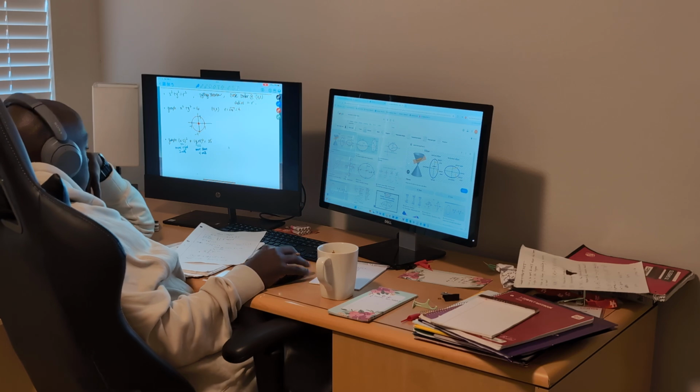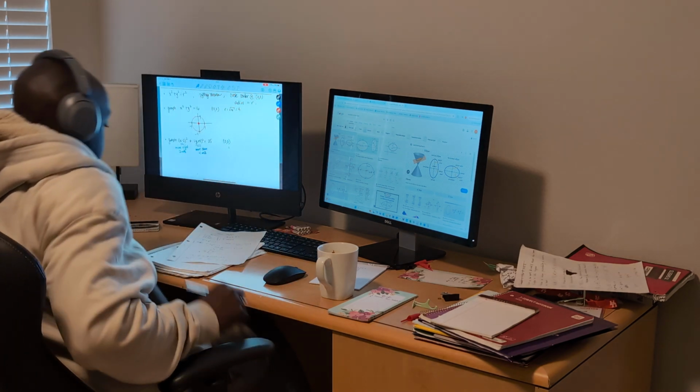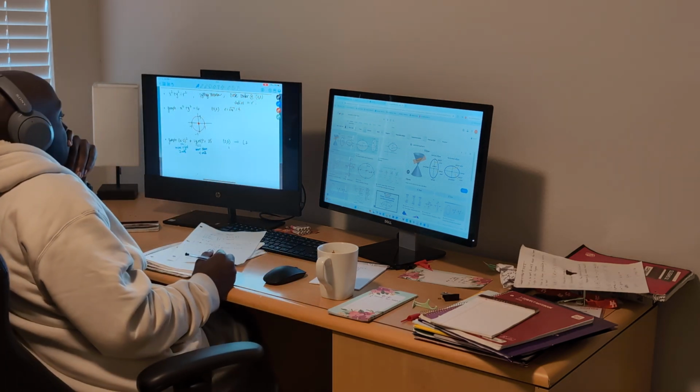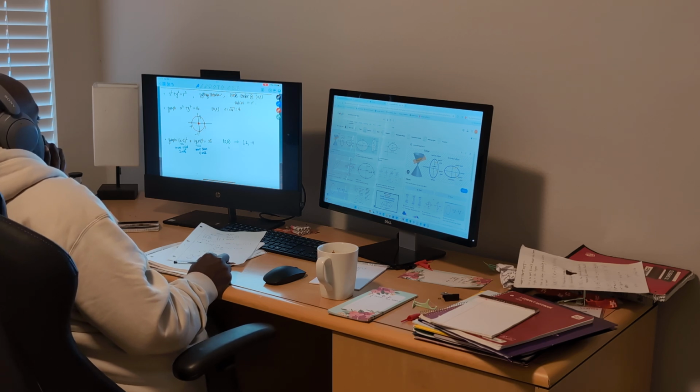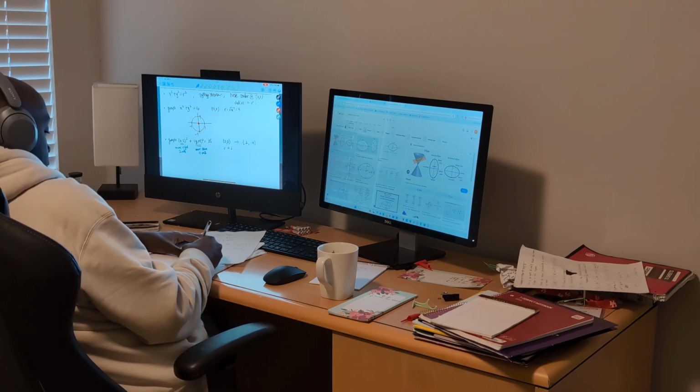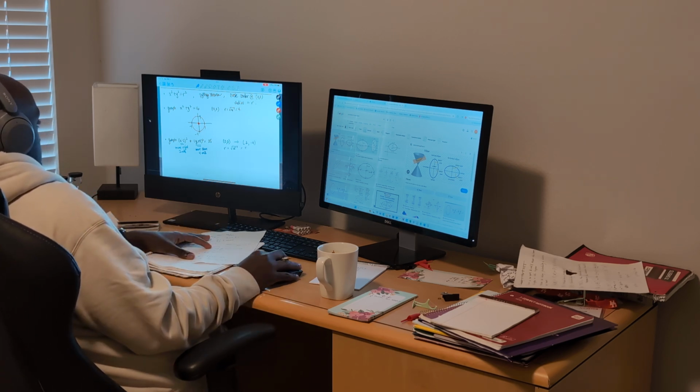And so what we've done is we've taken the center 0, 0 and translated it so the center is now at 2, negative 4, but our radius is still going to be the square root of that 25.